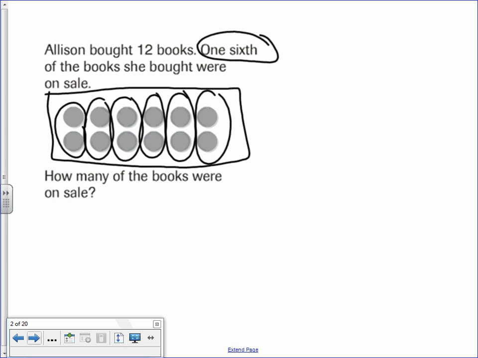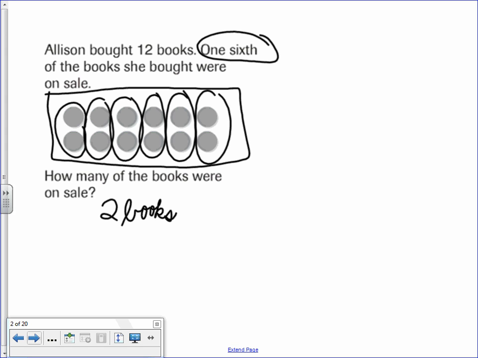When I look in each 1/6 area, I can see how many of the books are in each circled group. How many are in each circled group? Kyle? 2. The answer is 2 books were on sale.